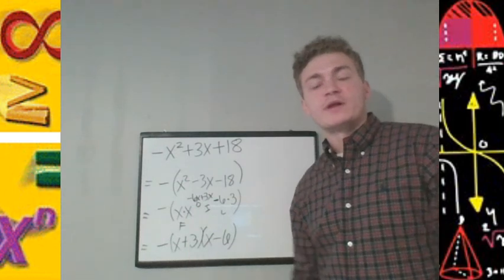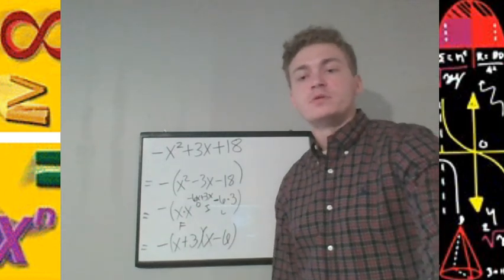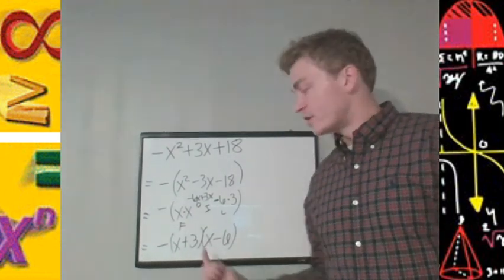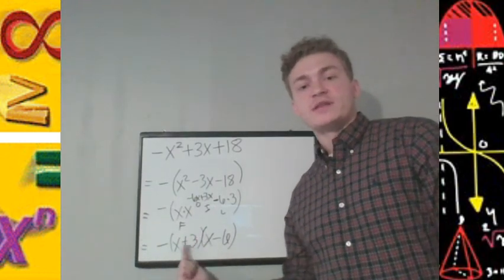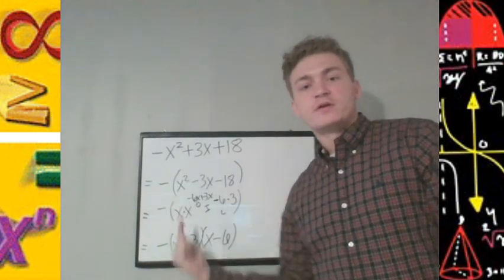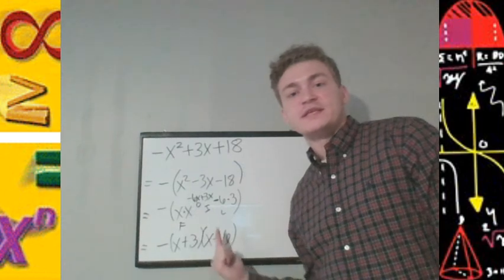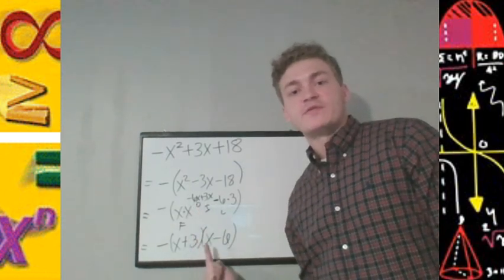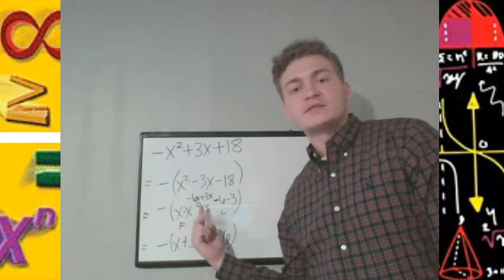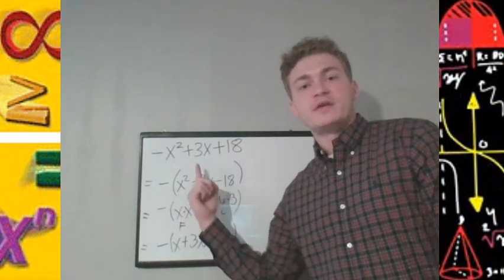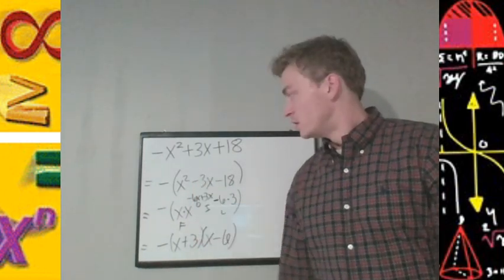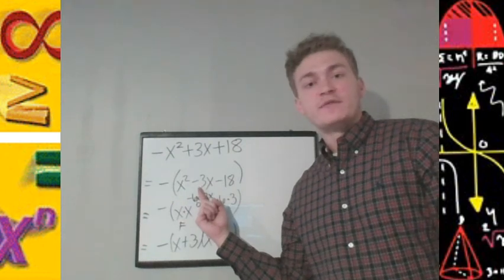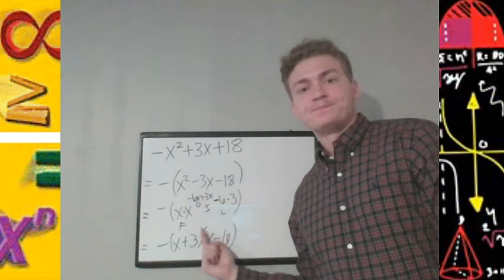So we plug them directly into our binomial product. Of course, I encourage you to use the FOIL method to check this. X times x is x squared. X times negative 6 is negative 6x. Positive 3 times x is a positive 3x. Those two terms combine to give us the minus 3x.